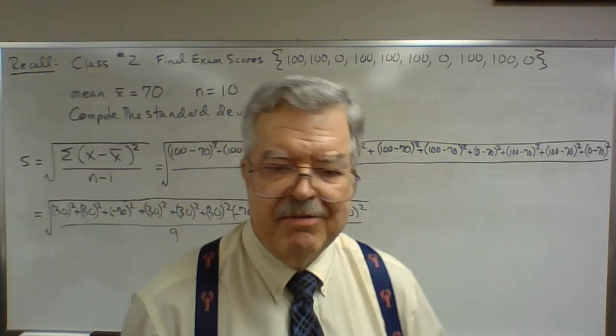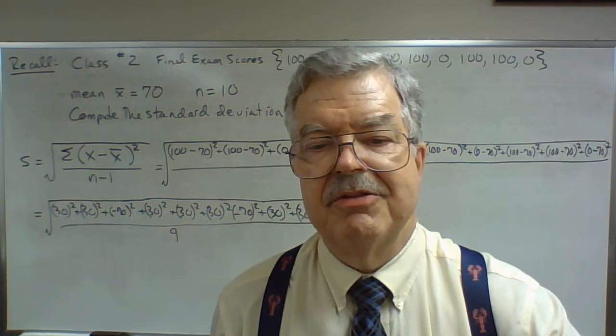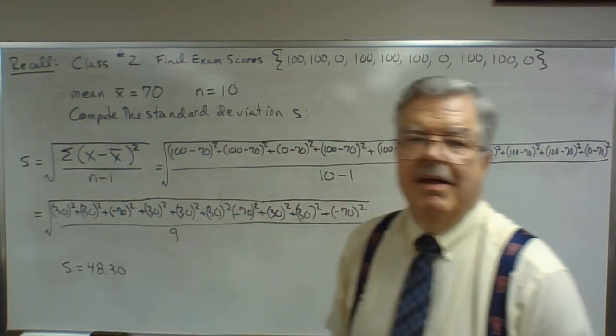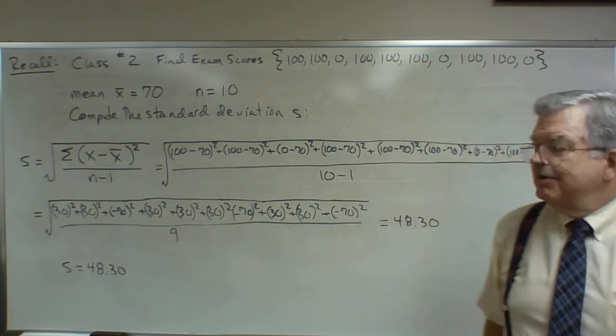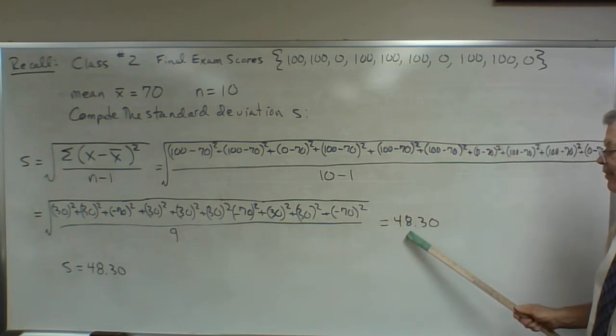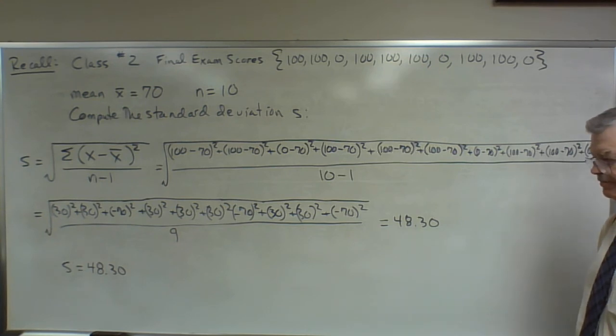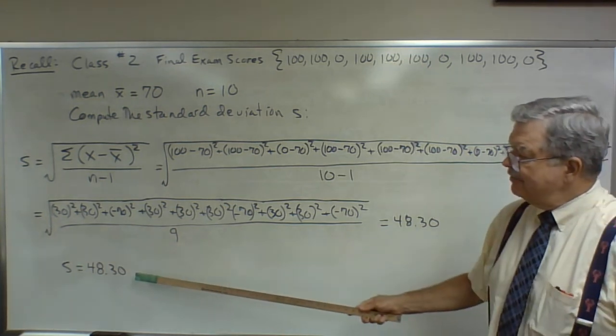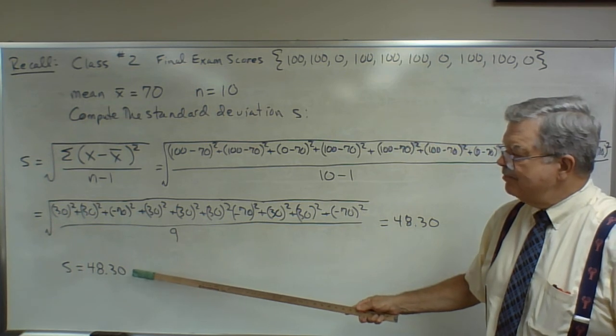Give me a minute. I'm going to have to pull out the calculator and crank this out. Okay, darn near killed me, but I cranked this out. It comes out to be 48.3. The standard deviation is 48.3.